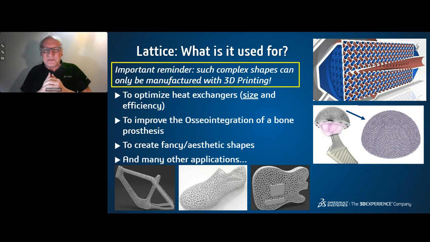You can also use them to develop very, very efficient heat exchangers or heat exchanging devices. Why so? Because by using those TPMS, especially the gyroid, we will be able to produce a very, very efficient heat exchanging system, but the most important, very, very compact.